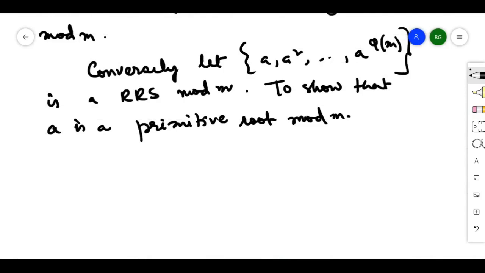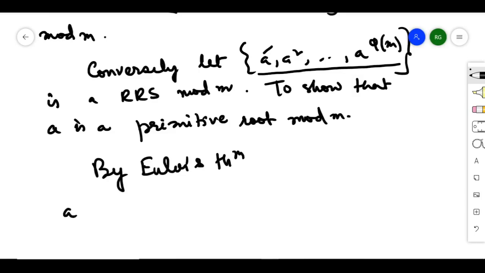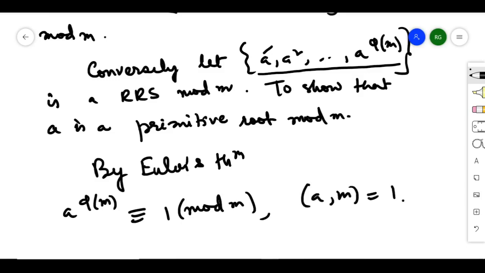Because this is a reduced residue system mod m, so every integer in this set is relatively prime to m. a is an integer in this set, so a must be relatively prime to m. And as a is relatively prime to m, by Euler's theorem, a to the power phi m is congruent to 1 mod m.